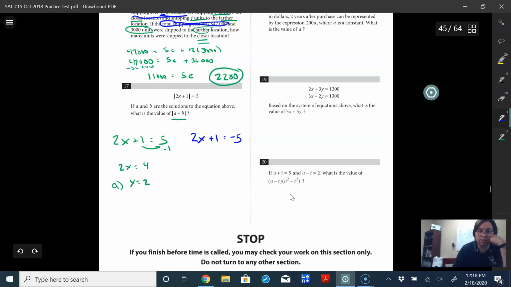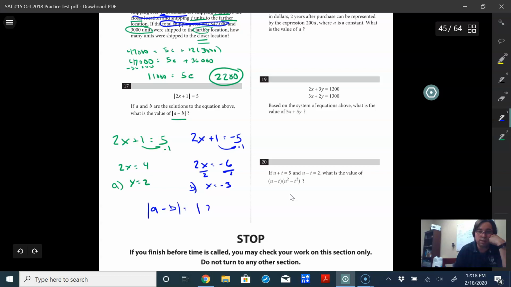And then looking at this one, with the next one, we move this one over, so that's going to be minus 1. So that's going to be 2x equals negative 6, divided by 2, and you're going to get x equals negative 3, which we'll say is B. And so A minus B, we'll do the absolute value of that.